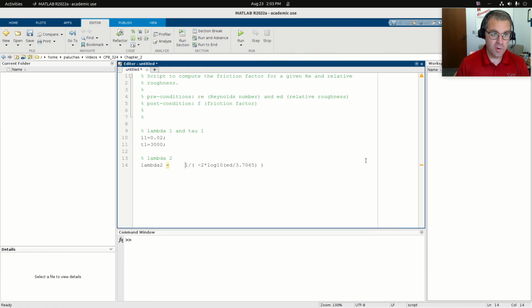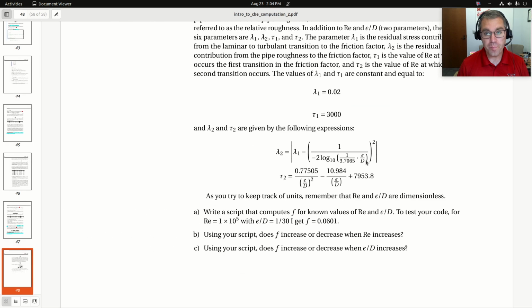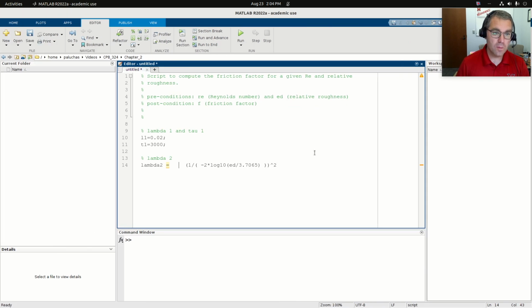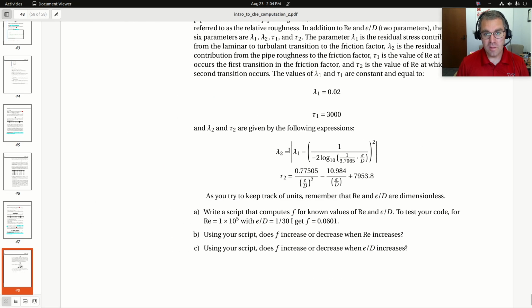So now I'm going to add parentheses around everything so that I can square it. We haven't discussed element-wise operators, so it's just a power 2. Now I have this squared, and I want lambda 1 minus that term. And then the last piece is I want the absolute value.